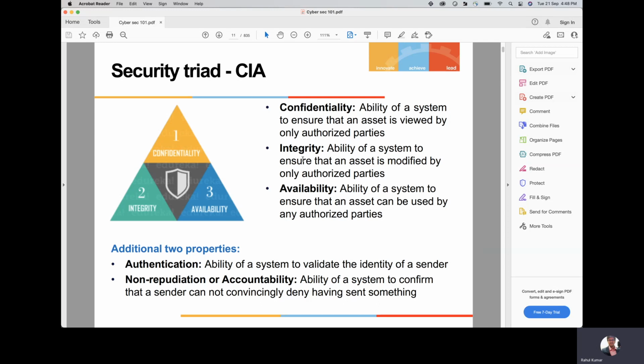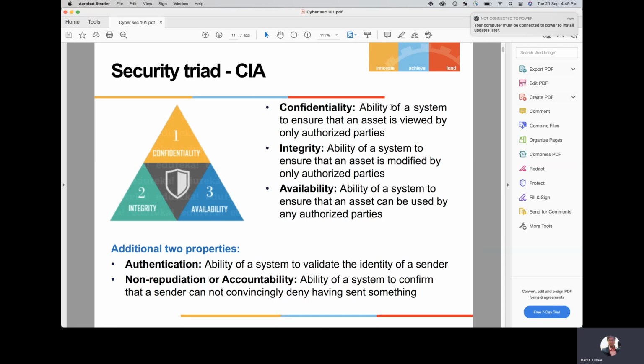Whenever we are designing some security control, we need to keep all three of these in mind.